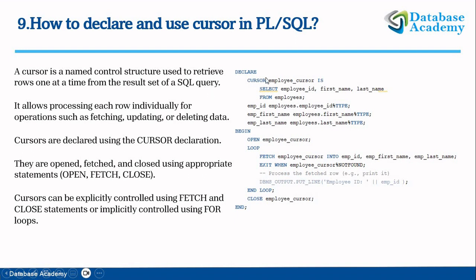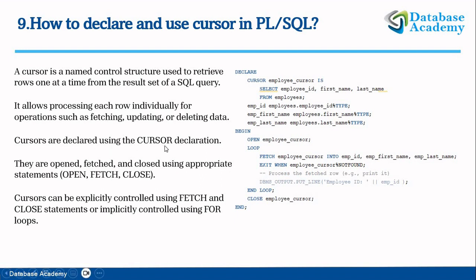You can see that we have declared a cursor, and one by one using this loop we are able to fetch the records. It allows processing each row individually for operations such as fetching, updating and deleting. So in the loop we are fetching the records one by one, and based on our requirement we can perform any update, deletion or insertion.